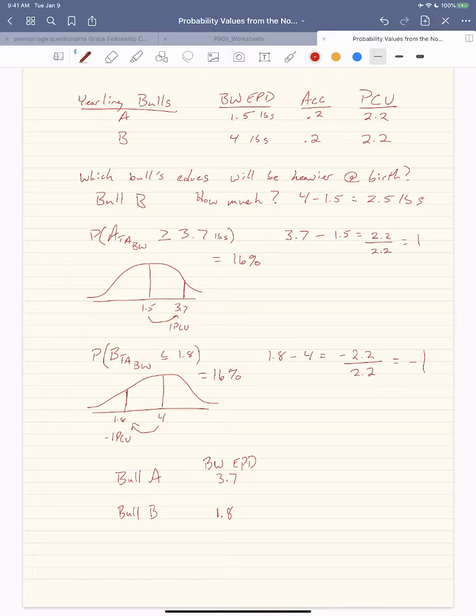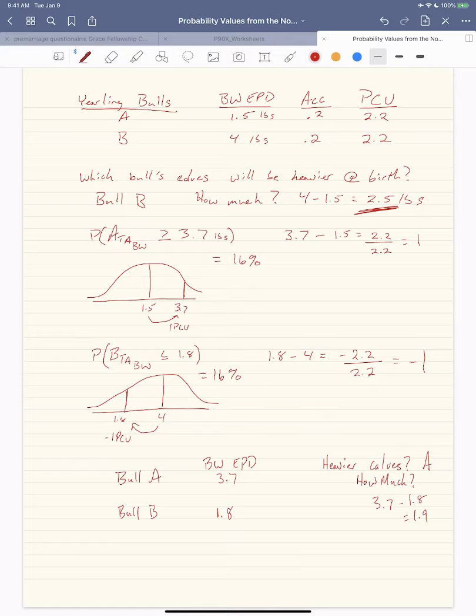And that's going to be bull A. By how much? This is going to be 3.7 minus 1.8, which is equal to 1.9. So we now expect bull A to have calves that are 1.9 pounds heavier at birth than bull B, whereas in the top scenario, we expected bull B's calves to be 2.5 pounds heavier at birth than bull A's.